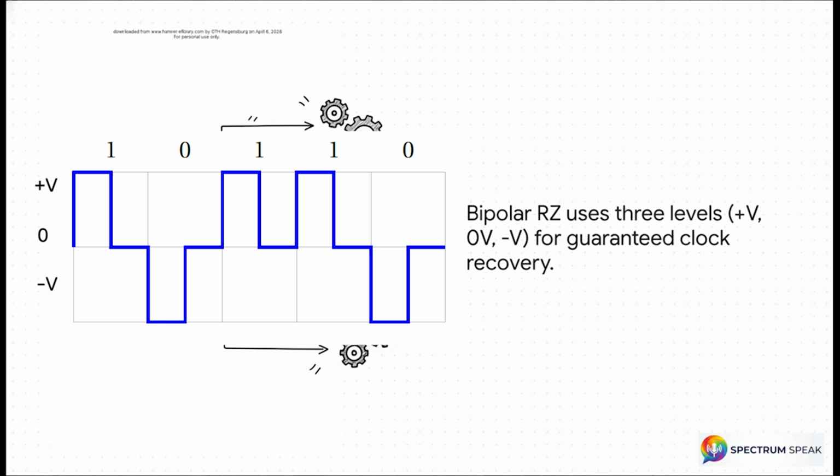And that brings us to bipolar RZ, which is way more robust. Now we're playing with 3 voltage levels. A 1 is a positive pulse that returns to 0, but a 0 is now a negative voltage pulse that also returns to 0. What's so cool about this is that now every single bit, whether it's a 1 or a 0, creates a distinct pulse. There's always a transition, always that heartbeat. This absolutely guarantees clock recovery.